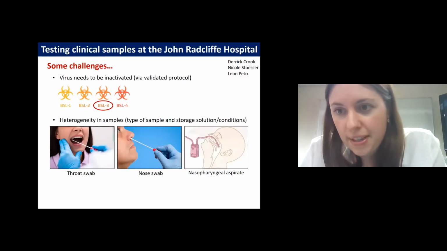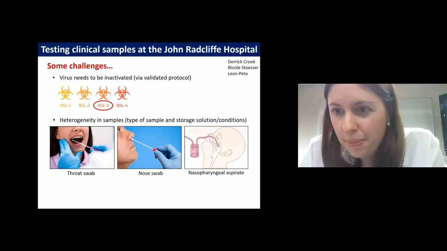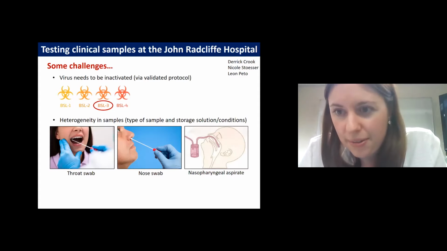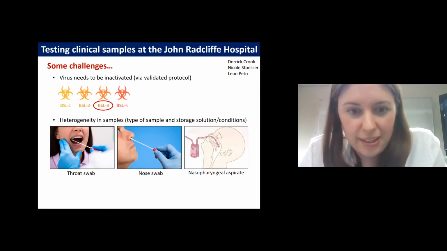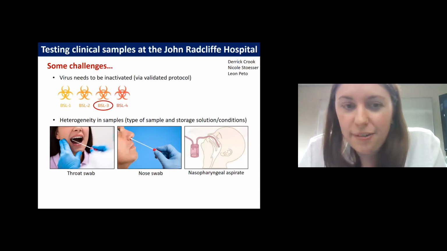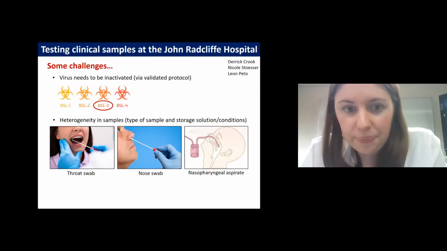We also noticed that there was a lot of heterogeneity in the clinical samples. Different samples that were coming into the hospital lab were from different types. You have throat swabs, nose swabs, and something called a nasopharyngeal aspirate, which is basically a vacuum pump of your nasal cavity. What this meant for our machine learning is that different samples have a lot of different backgrounds in them.